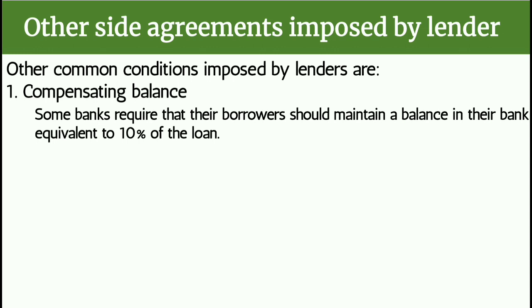Take note that the compensating balance differs from one bank to another. Iba't iba sila ng percentage. Since this compensating balance is required to be maintained, this should not be withdrawn or reduced. Hindi dapat siya wini-withdraw at hindi rin dapat siya binabawasan.